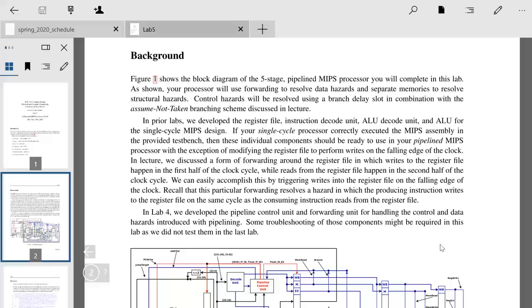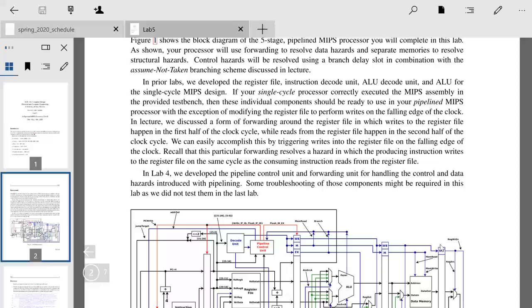We're not implementing a branch predictor. That was actually an additional lab because I think my graduate class had like 4 or 5 more labs after this one, and so they actually implemented a branch predictor. But we're not. So we're using the assume not taken.